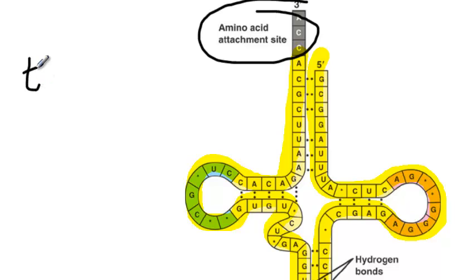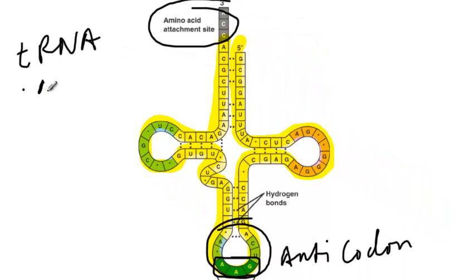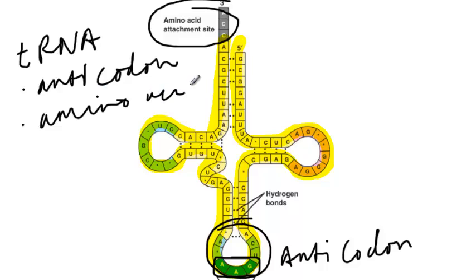So when we say tRNA has 2 parts, it has an anticodon and it has an amino acid. That's kind of simplifying things a little bit because it is a pretty complex molecule in and of itself. All these little dots in here represent bonds that are holding the strands of RNA together in this shape. Again, they're hydrogen bonds.